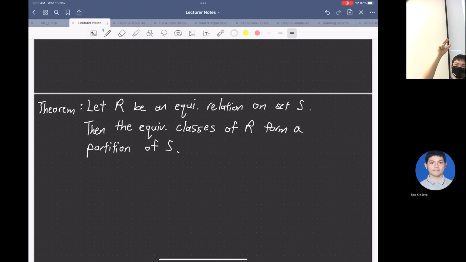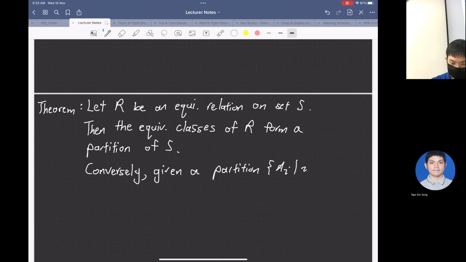Isn't wrong. Actually, yes. So the converse is true as well. If you are given a partition, actually you can form an equivalence relation.